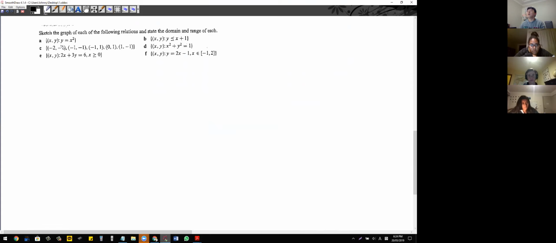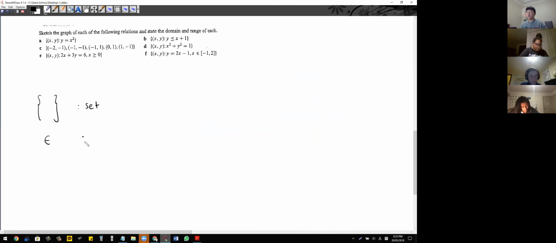Okay, so all this means, so A, so you need to understand that this curly bracket, whenever you see curly bracket, it means a set, okay? So I'm going to give you a few definitions. If you have this symbol, this means set.